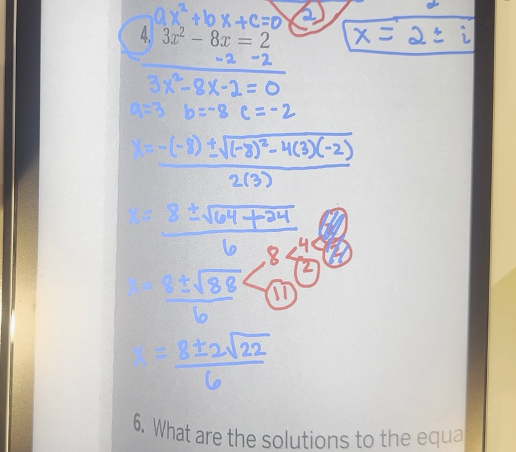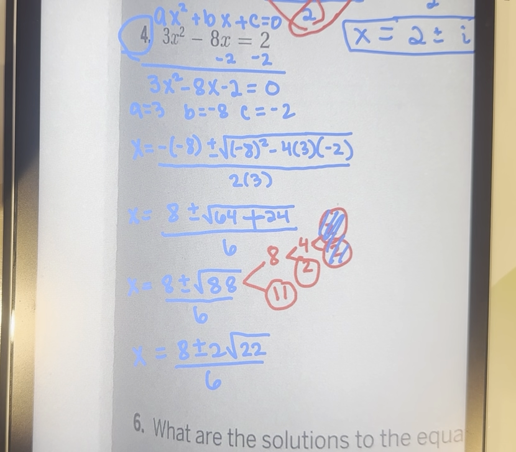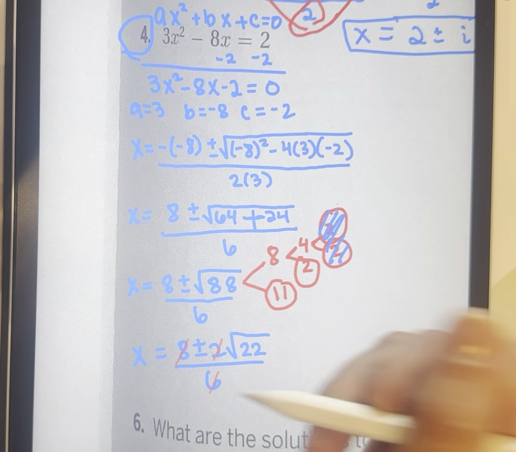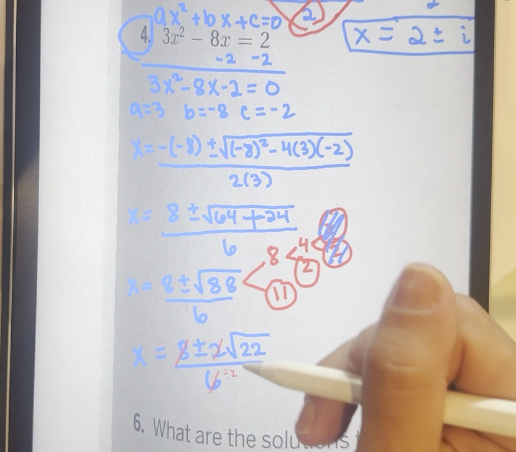Okay, and so finally, here we are, okay? Remember, we love ugly radicals when it's a real solution because that means much less simplification. There is still just a little bit of simplification to do here. And that is the fact that 8, 2, and 6 are all divisible by 2.